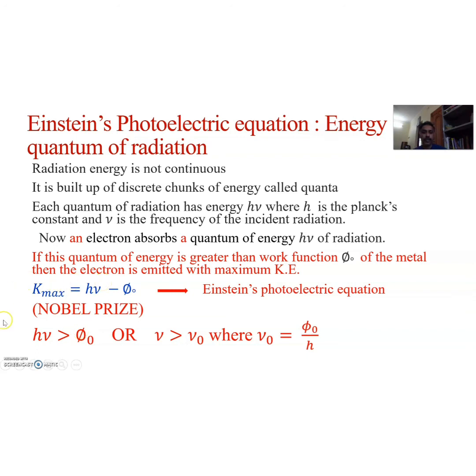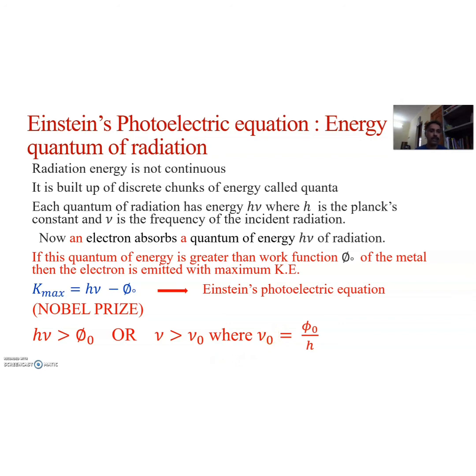So if h nu is greater than phi naught, that is the work function, or if nu is greater than nu naught, then only the photoelectric emission will take place, where nu naught is the threshold frequency, the minimum frequency above which the photoelectric emission takes place. This is given by nu naught is equal to phi naught by h, where h is Planck's constant.